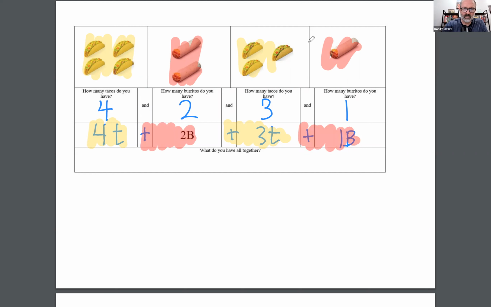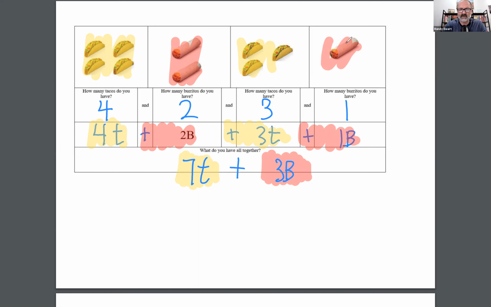And what I'm going to do is put the burrito expression there, and the taco expression here. So let's do that. I have 4 tacos plus 3 tacos, that's 7 tacos. And I have 2 burritos and 1 burrito, that's 3 burritos.